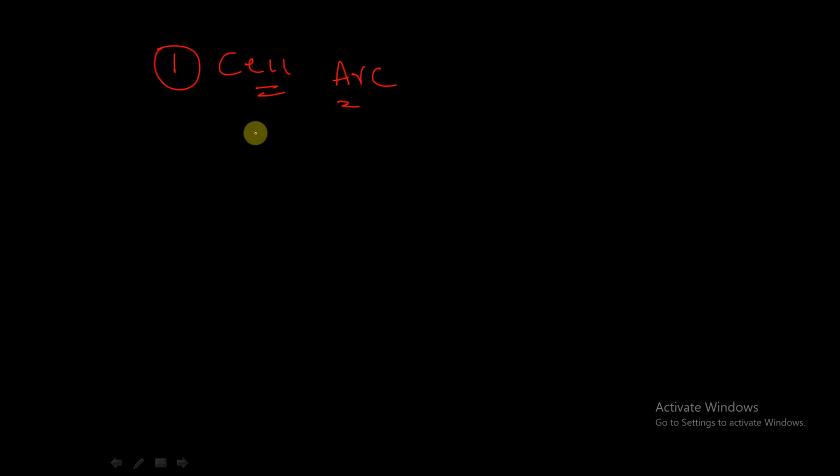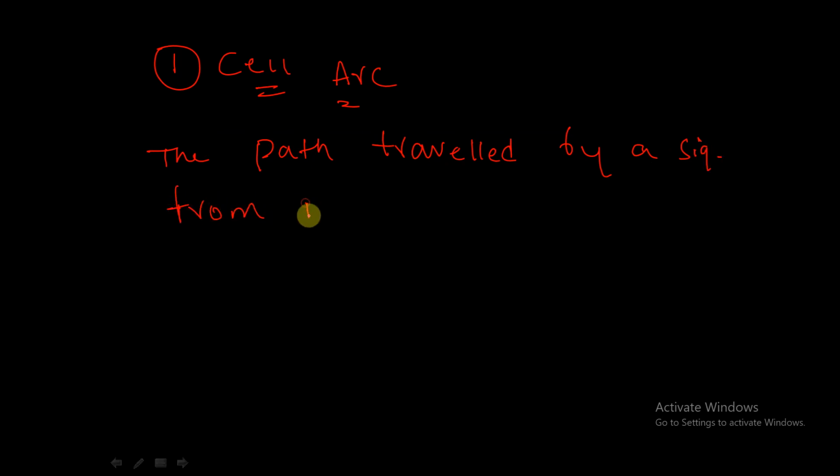A cell arc is defined as a path traversed by a signal from the input or source pin of a cell to the output or sink pin of the cell. So cell arc means the path traveled by a signal from the input of a cell to the output.